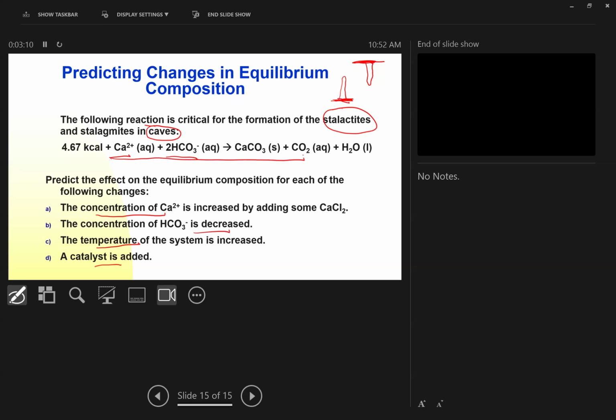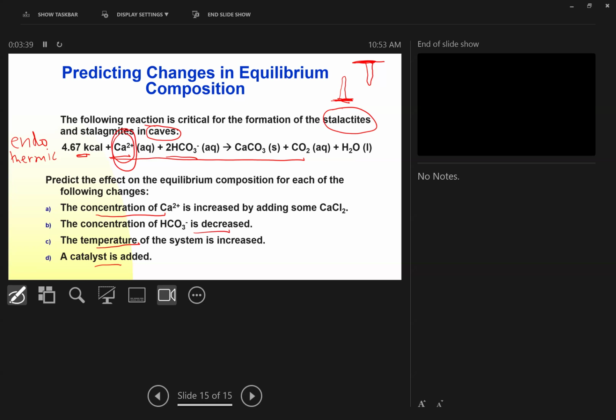As soon as I see this, I see that 4.67 kilocalories is on the reactant side, and this is how I know this is an endothermic reaction. That will help me answer question C. Let's start with A. The concentration of Ca2 plus is increased by adding some CaCl2. That means it's asking what will happen if you increase the concentration of Ca2 plus.